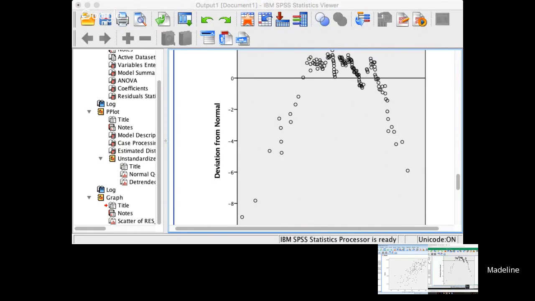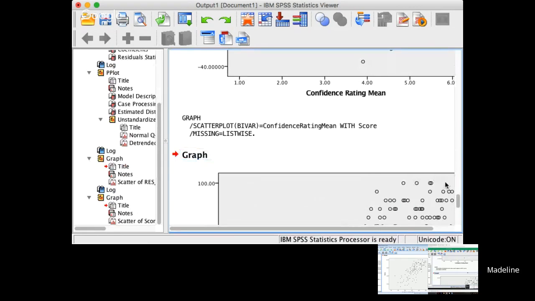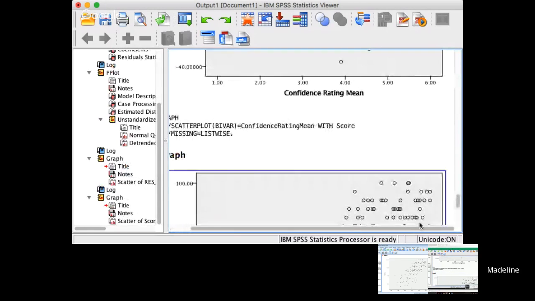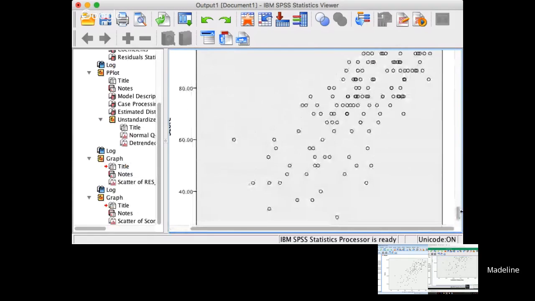That's not going to tell us whether X and Y has a linear relationship. Now compute a different scatter plot using the confidence variable and score. Yeah, and that one is hot doggy. Oh, okay, that makes sense. Yep, that's the one you're looking at right there. Oh, okay, thank you. That's the one that shows a linear relationship. Okay, because you're using just the regular data, not the residual in this one.